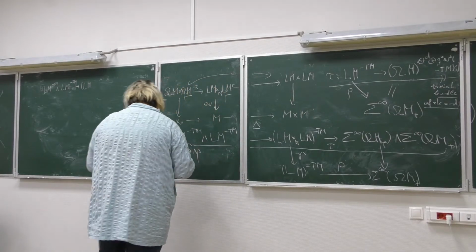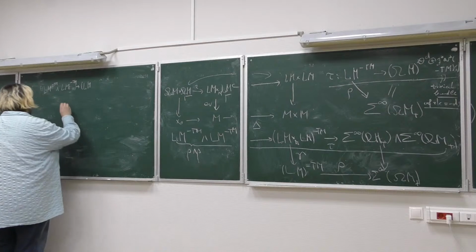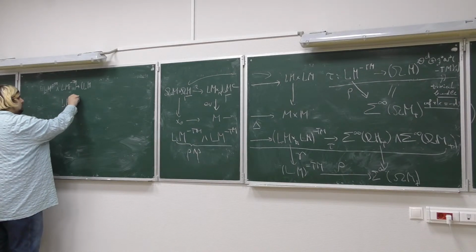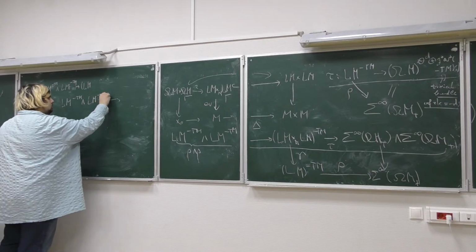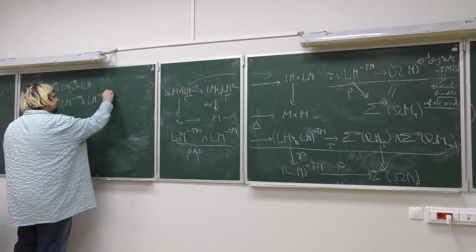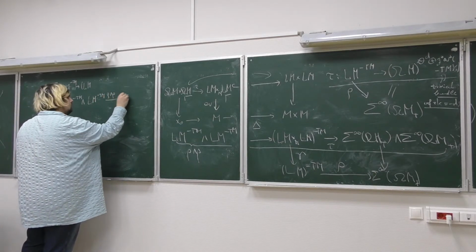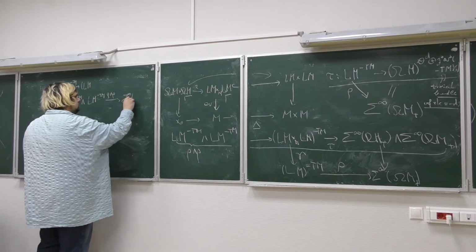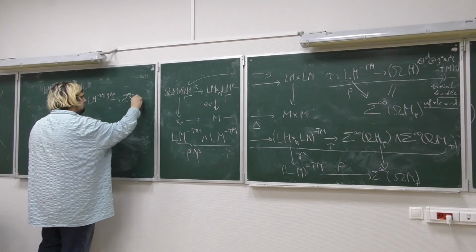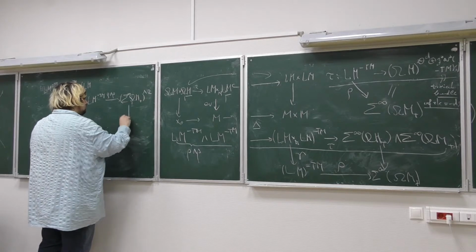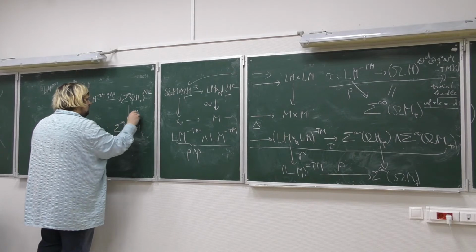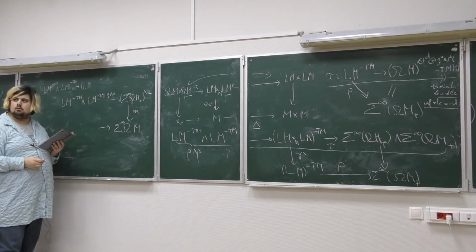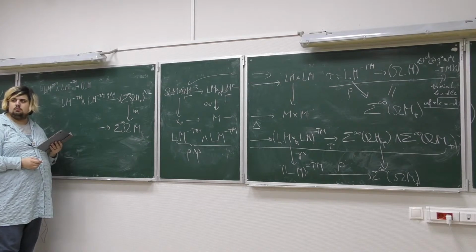So the above diagram shows that, in fact, we have the following diagram of ring spectra. Well, this means that the lower star is a map of rings.